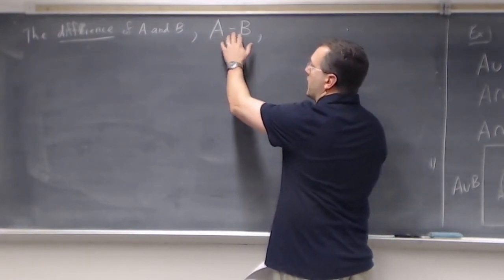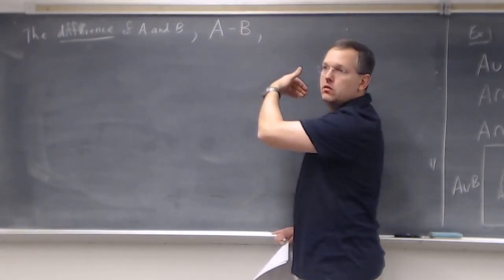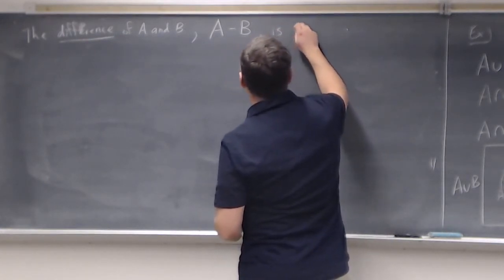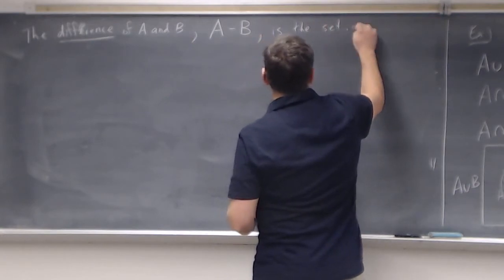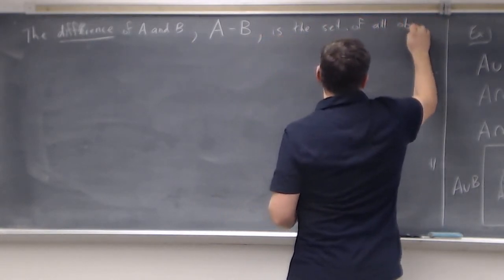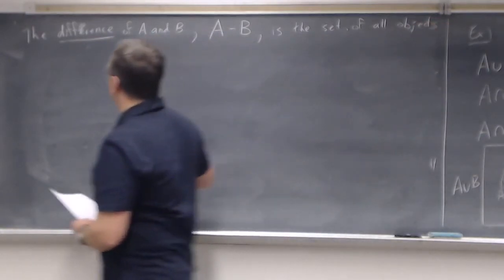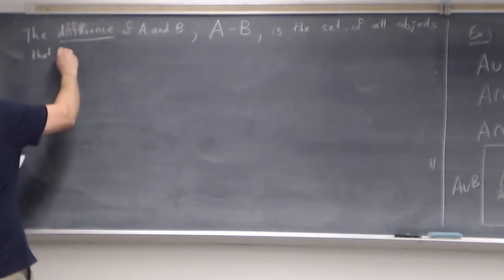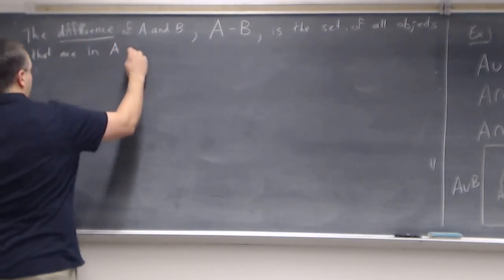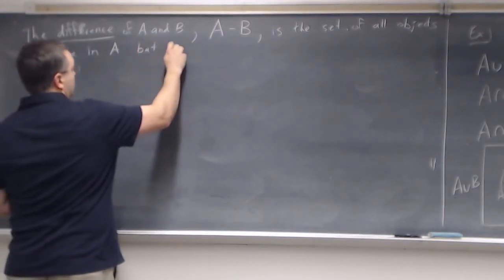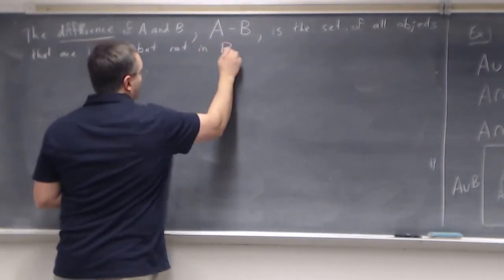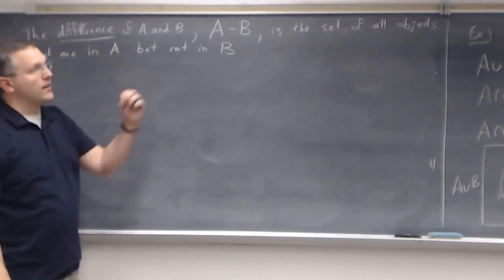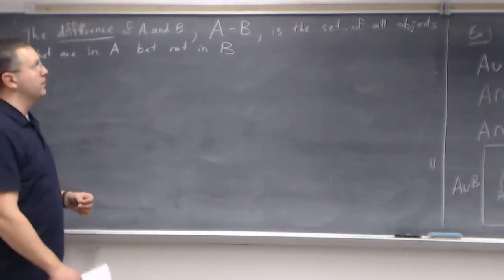You start with the set A, you take away anything that's in B. So the difference of A and B is the set of all objects that are in A but not in B. If you start out with a set A and just take out anything that's also in B, then you have A minus B.